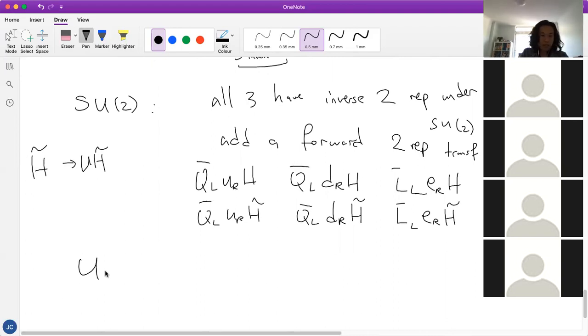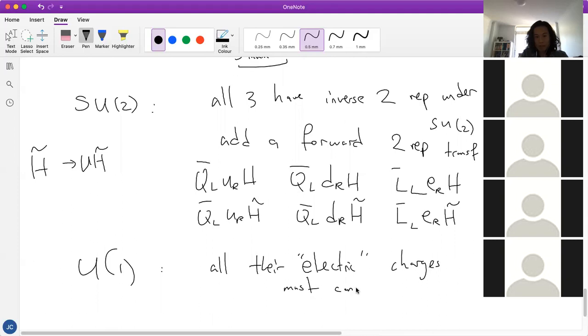So the final deciding factor is the U1 charge. If I want to be invariant under U1, then all the electric charges have to cancel out. Some of them do cancel, some of them don't.